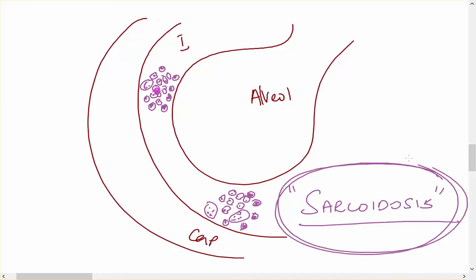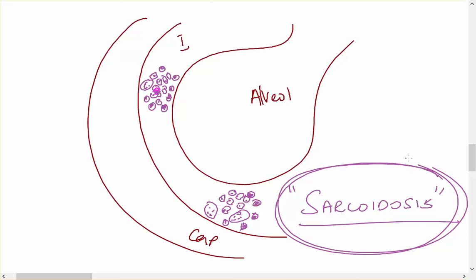Can anyone say how the granuloma is formed? See, something is stimulating the macrophage. The macrophage releases what? Interleukin 12. Then interleukin 12 stimulates the... See, anyone, don't answer in chorus here.